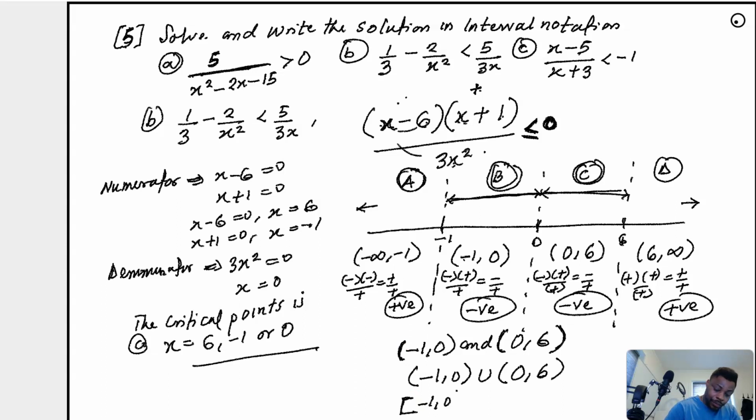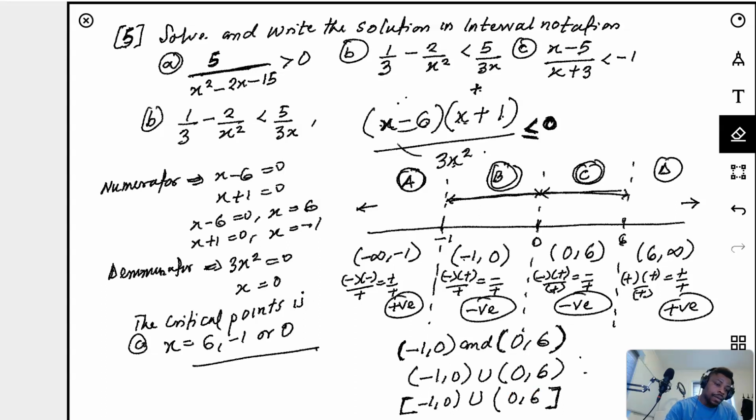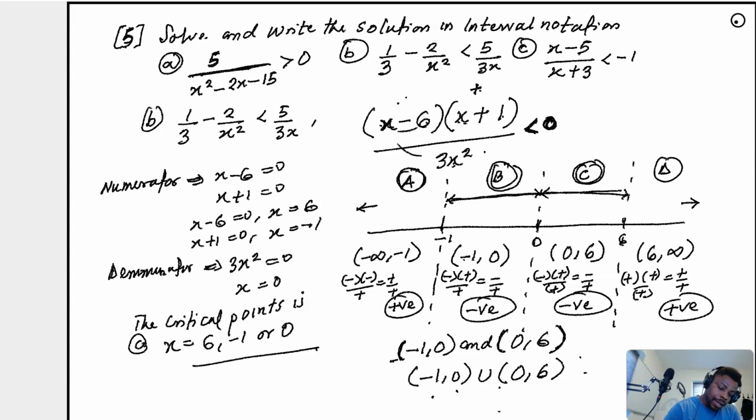Minus 1, 0, union, and for 6, it will be this. But in this case, we don't have equals here, so I will remove this one. So our answer is this.